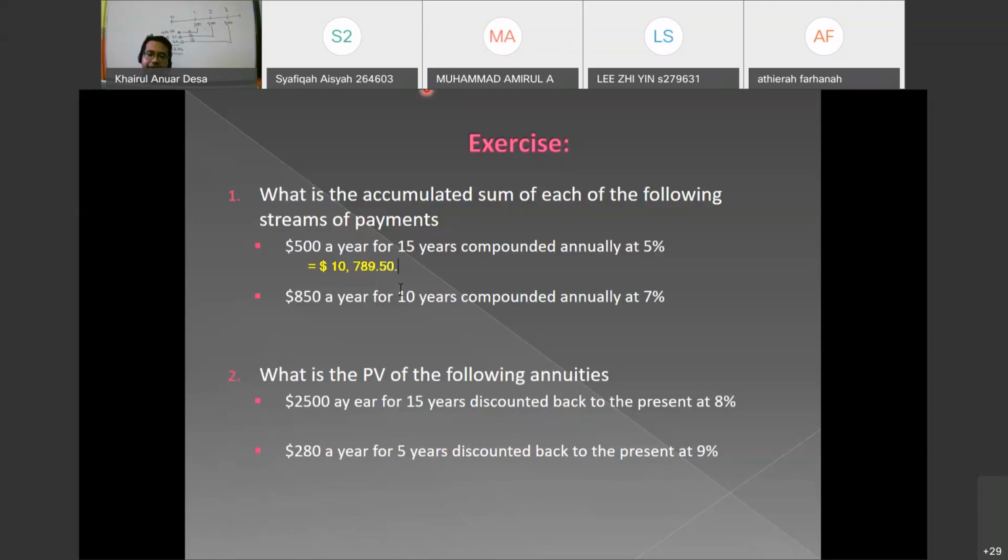Santian, can I ask you how you calculate this question? Either you use the formula or the table?